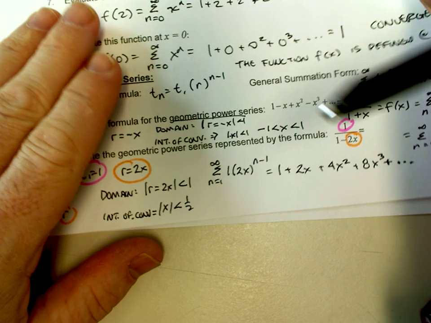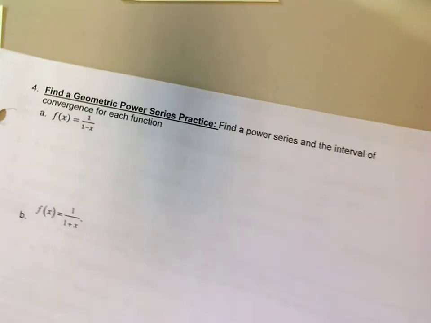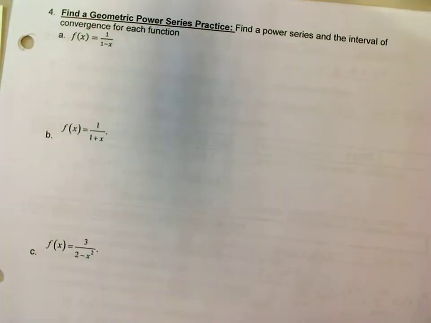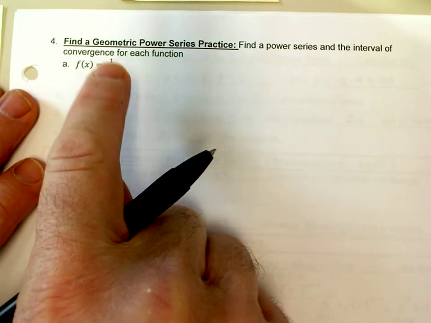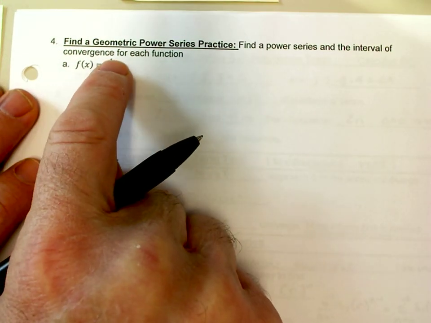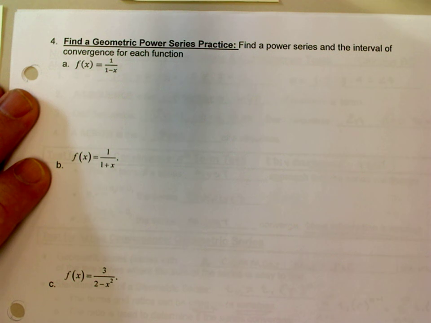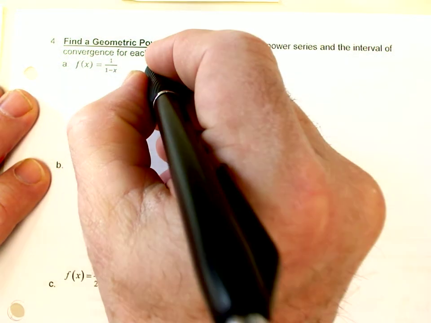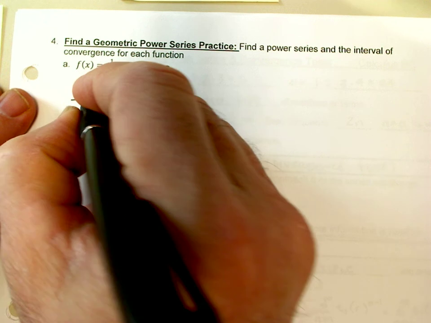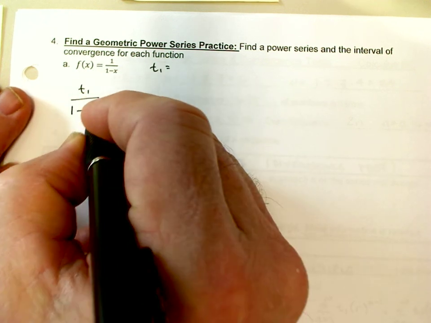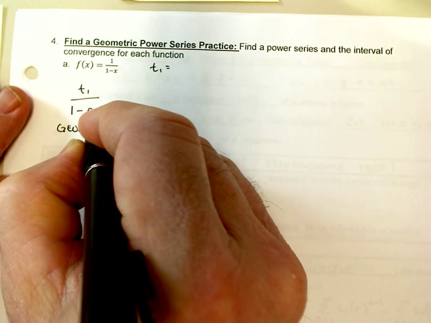Let's do a couple more examples here of these. So, this function is defined as 1 over 1 minus x. We know from this it matches our form of t sub 1 divided by 1 minus r, that geometric series.